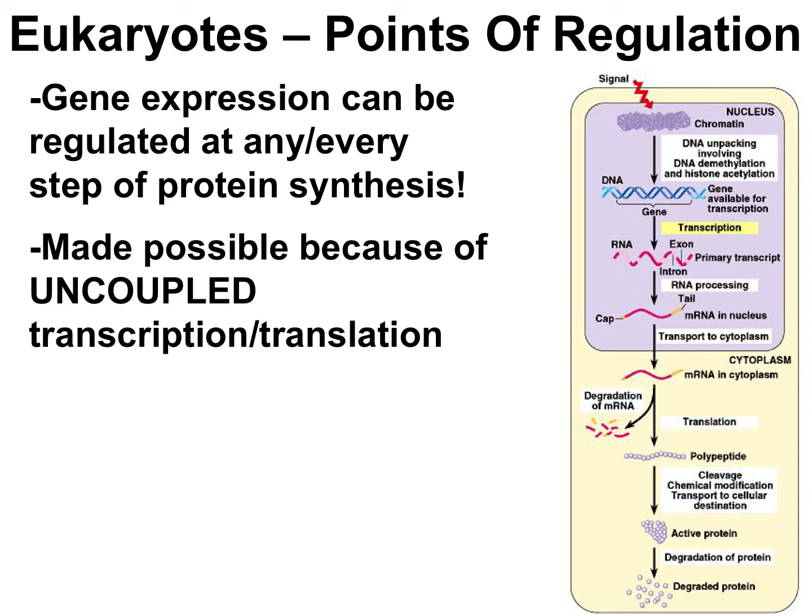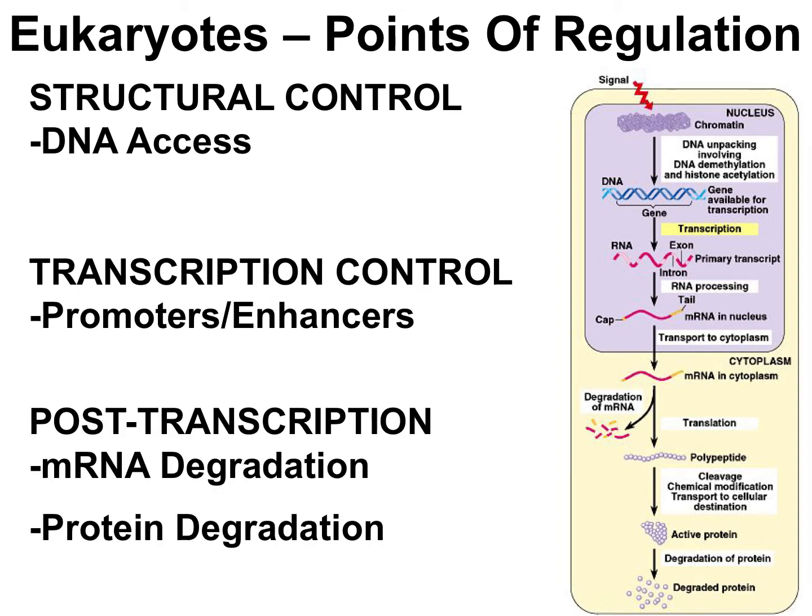So eukaryotes regulate their genes for cell differentiation and to respond to their environment. But how exactly does gene regulation happen? Well, because eukaryotic protein synthesis is uncoupled, with transcription happening in the nucleus and translation happening out in the cytoplasm, there are lots of opportunities to hit the pause button or stop button on protein synthesis in eukaryotes. I'm going to focus on three main types of eukaryotic gene regulation.